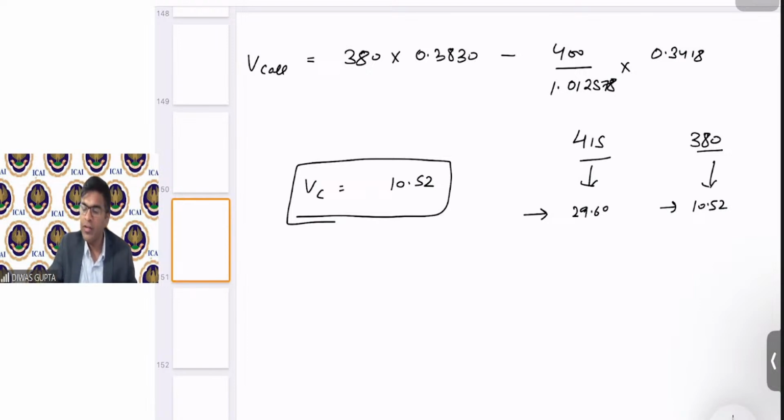The spot price dropped by 35 rupees, and the drop in the call value is 29.6 minus 10.52, around 19 rupees. You're getting my point? So the value of the call option has declined because of the decrease in spot price.